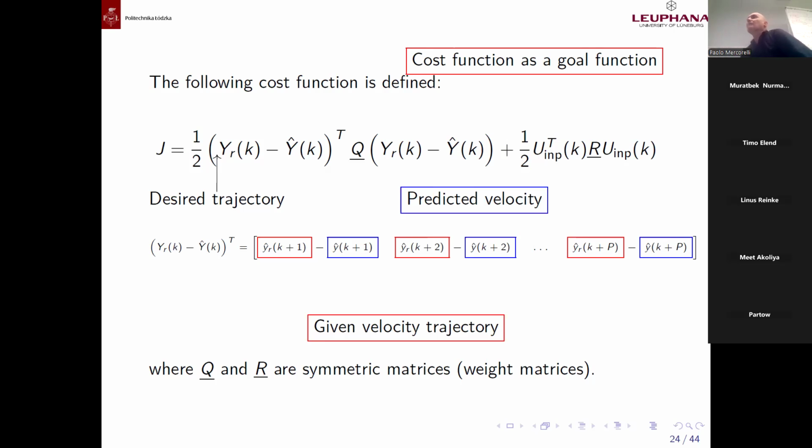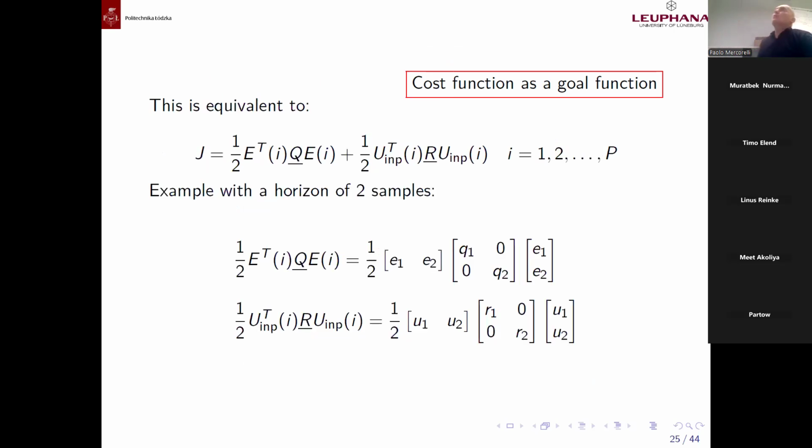In order to be more concrete, in particular on Q and R, I put here an example with two samples, where we can see explicitly the error between what I want to attain and what is predicted. I consider two steps. Look here, we have Q1 and Q2, typically in diagonal form. I don't want to tell you about the anti-diagonal elements. Now, why two elements?